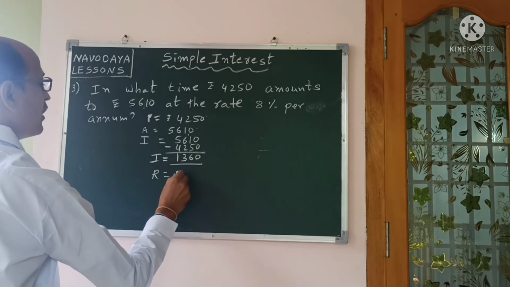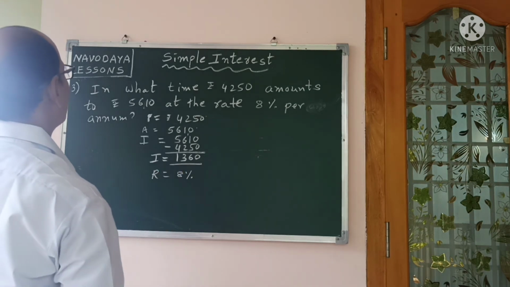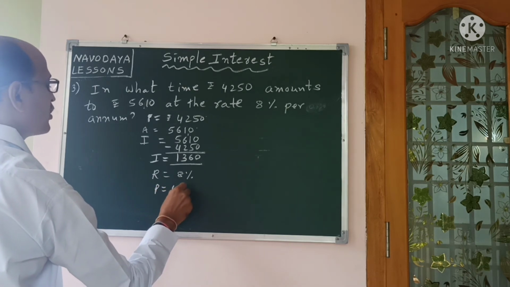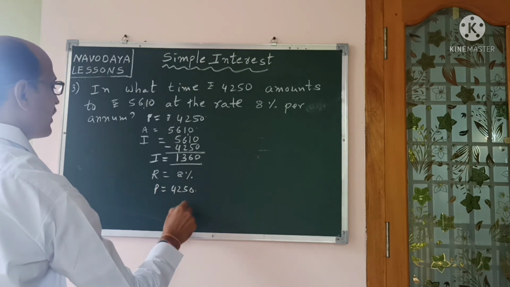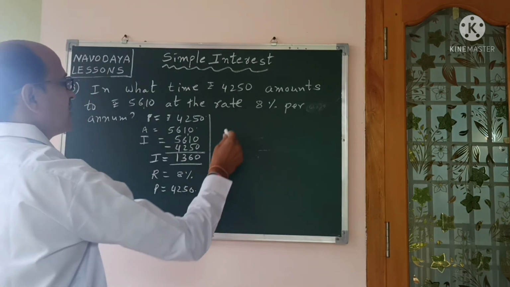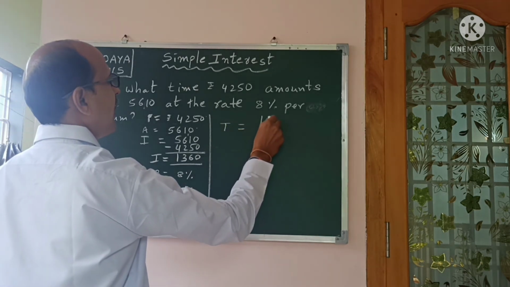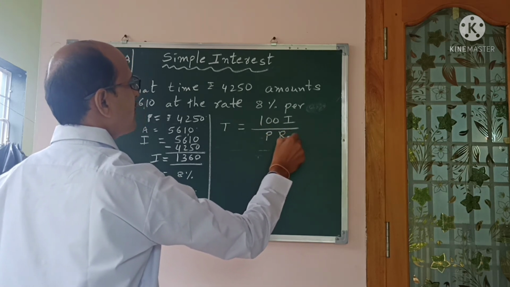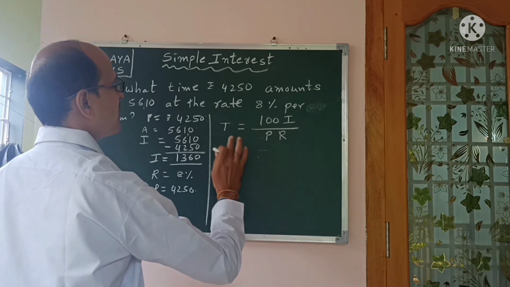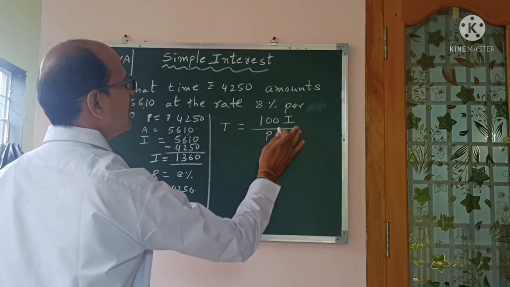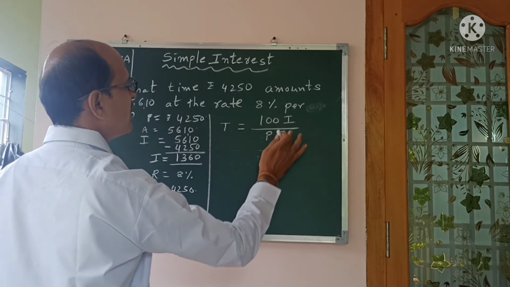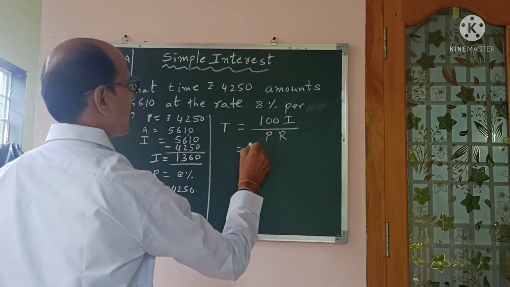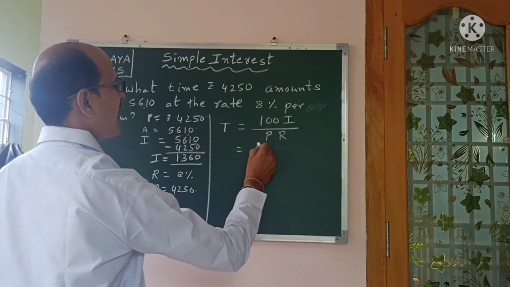R is equal to 8%. P is equal to 4,250. Now, what is the time formula? T is equal to 100 into I by PR. There are four letters here: T, P, R, I. In these 4 items, if you know 3 items, you can find the 4th item. Now substitute the values in this formula.